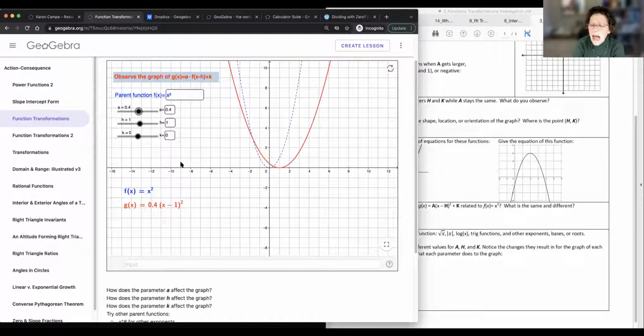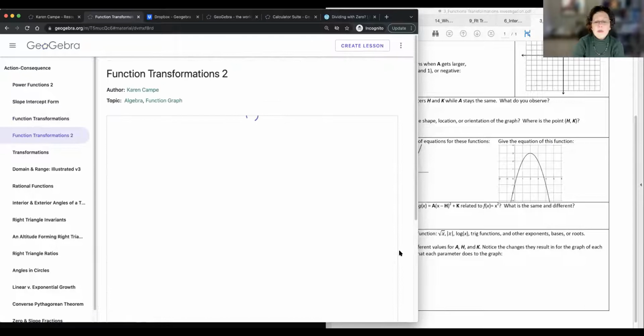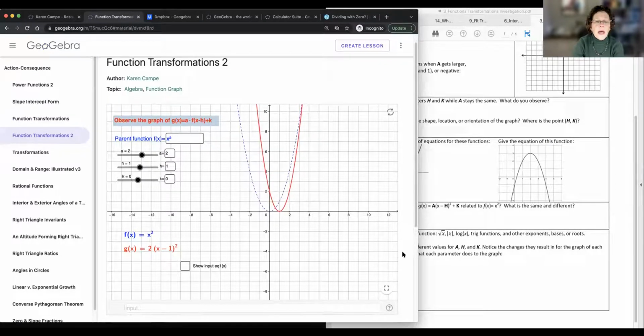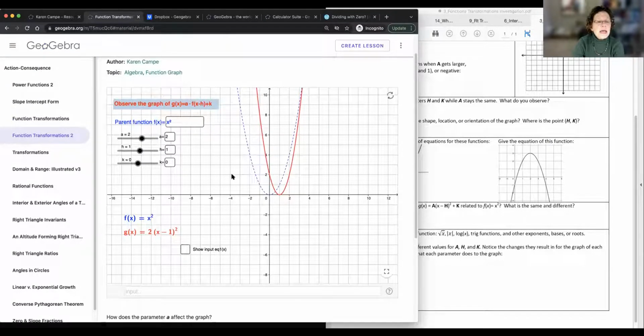So to tease out what's going on with the B value, I've updated this for function transformations 2. Let's take this graph here: g of x equals 2 times (x minus 1) squared. I want to compare that to the graph where the 2 is inside.